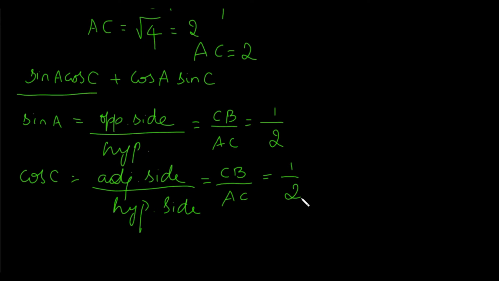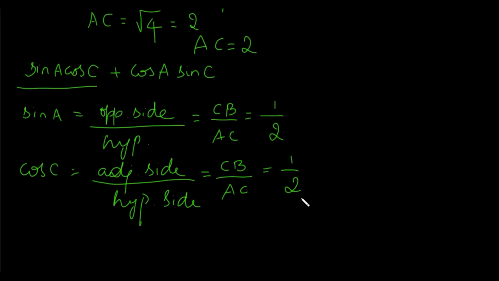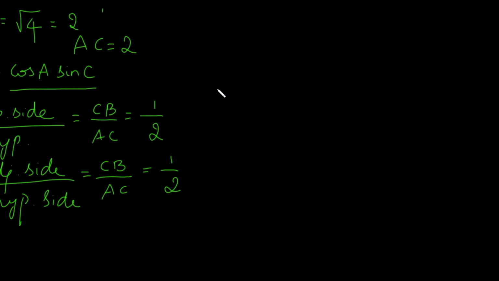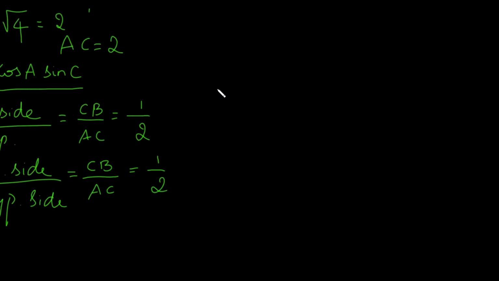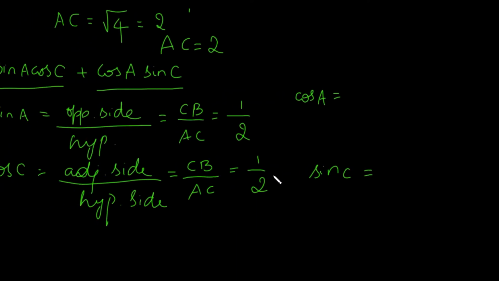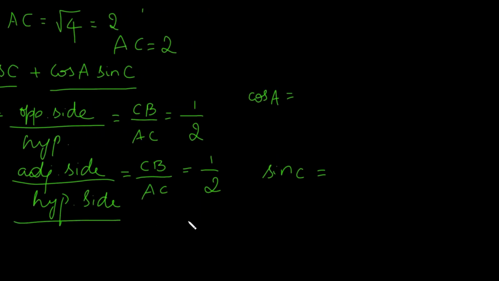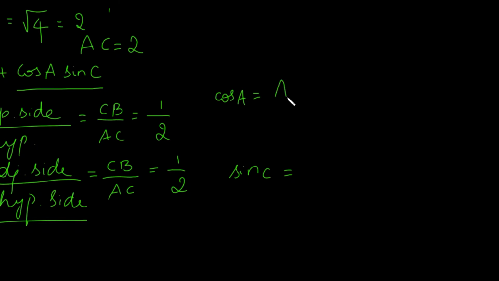So now let's go on to find the other part of the equation, that is cos A into sin C. So now let's find the individual terms, cos A and sin C. Cos, as we know, the trigonometric ratio is adjacent side divided by the hypotenuse side. So I'm just going to name it as A divided by H. A indicates adjacent side, H indicates the hypotenuse side.